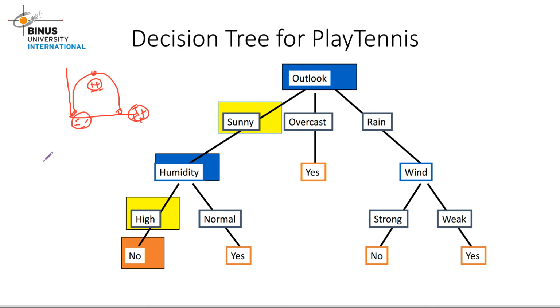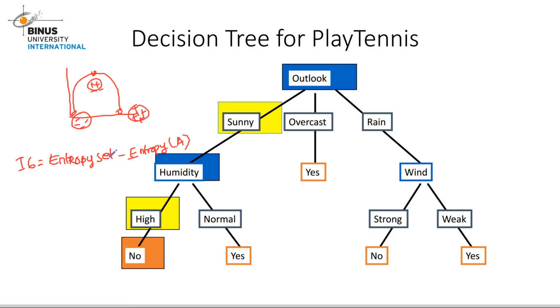The highest information gain equals the entropy from the whole set minus the entropy of the attributes.